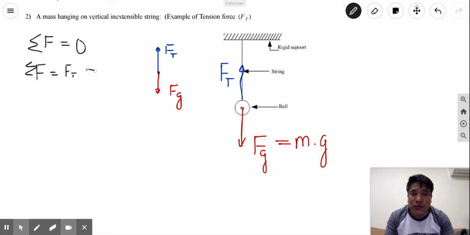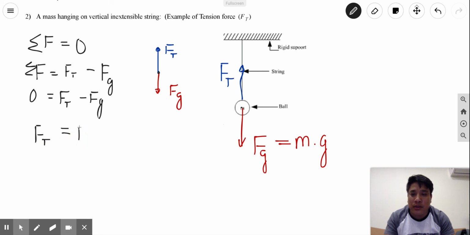As gravity force is acting downward, I can call gravity force negative, right? Then you can say net force is zero because the object is not moving. The tension force minus gravity is also equal to zero, which implies that the tension force is the same as gravity.